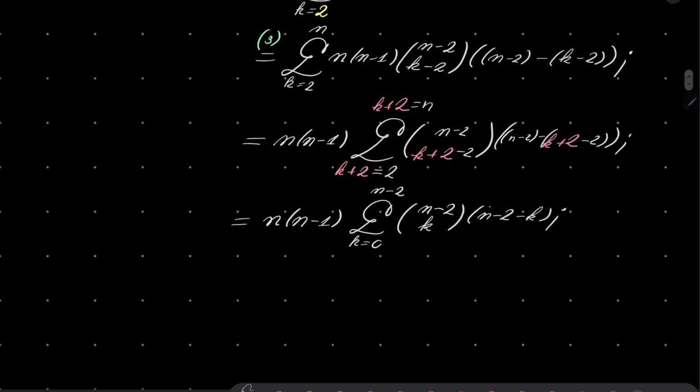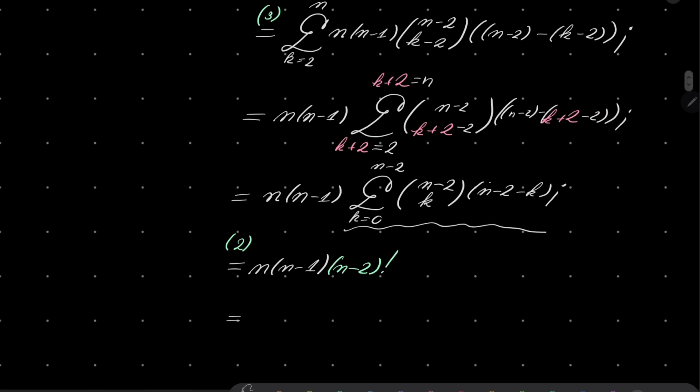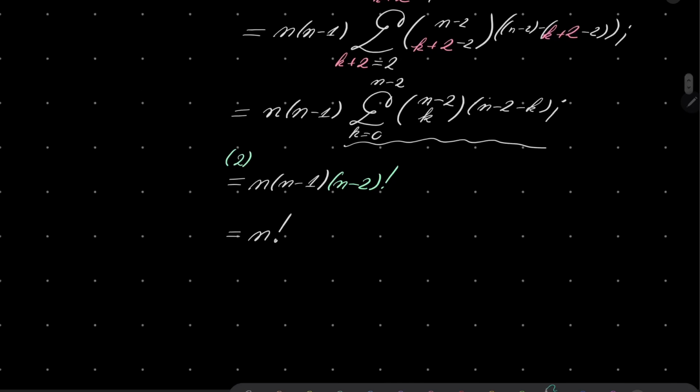Great. Because now using my claim number 2, this entire sum is just n minus 2 factorial. And n times n minus 1 times n minus 2 factorial is obviously n factorial, which closes our proof. It's exactly what we wanted.